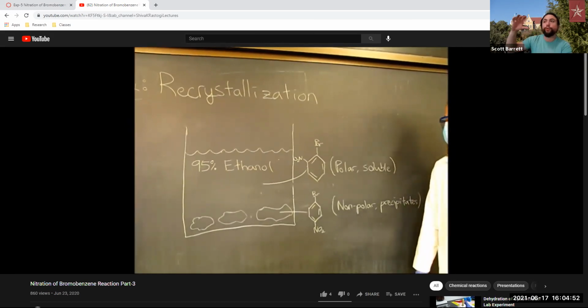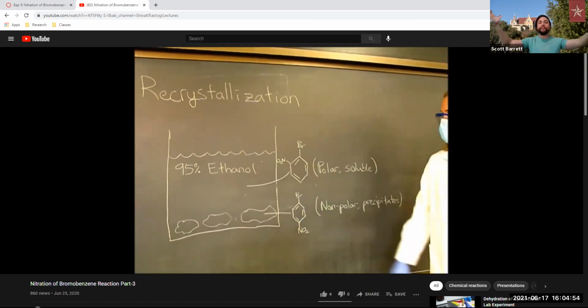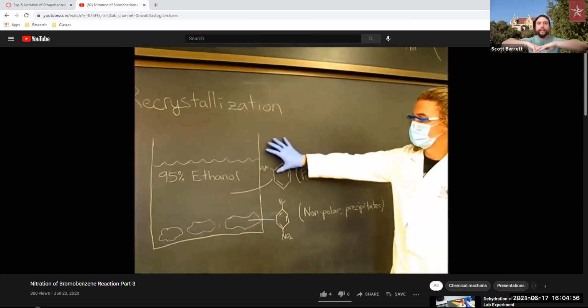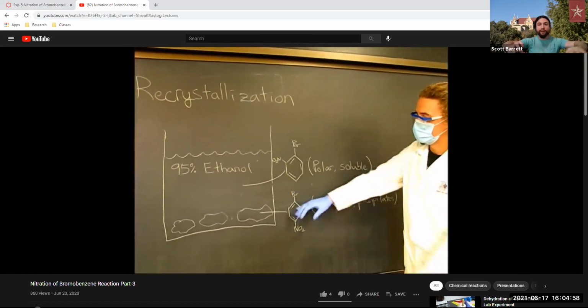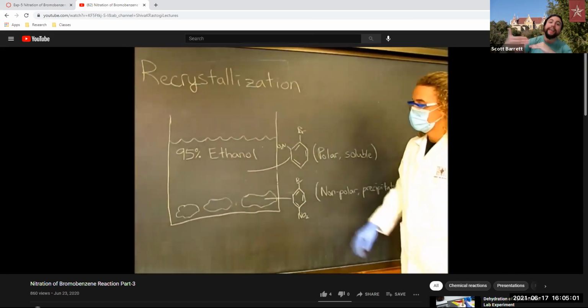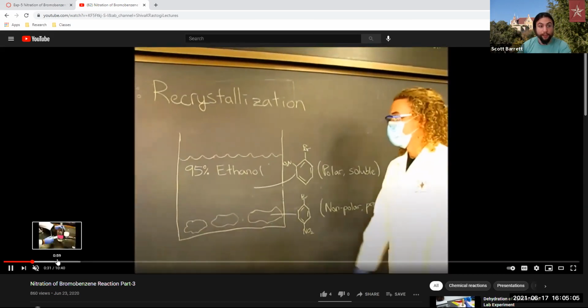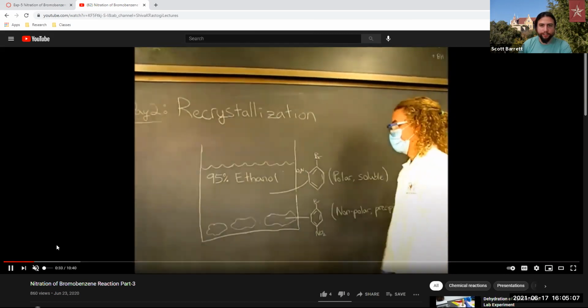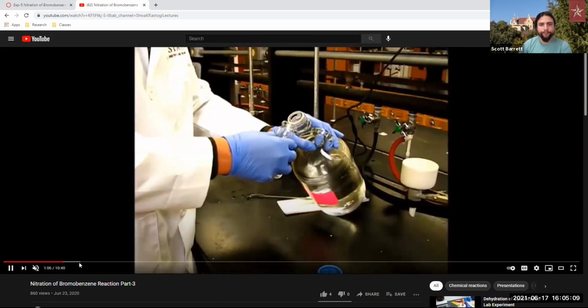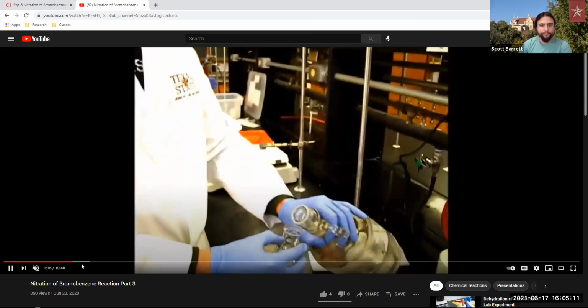But we want to recrystallize, so we heat it up, we get everything into the ethanol solution, it completely dissolves hot, and then whenever it cools, it'll come out nicely as crystals, a less impure solution.